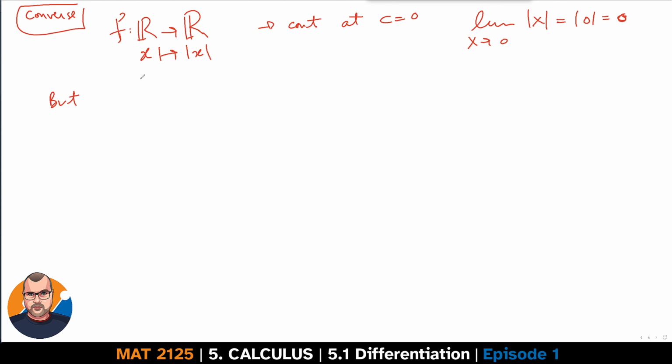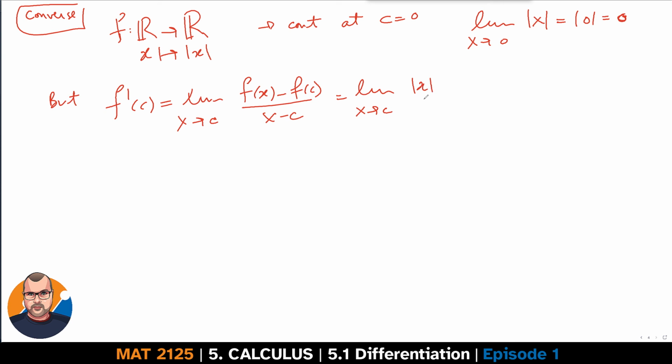If this function has a derivative, it would have to be given by the limit of the differential quotient when x approaches c. And that would be the limit when x goes to c of the absolute value of x minus the absolute value, well, c isn't just anything, c is 0, minus the absolute value of 0 divided by x minus 0.